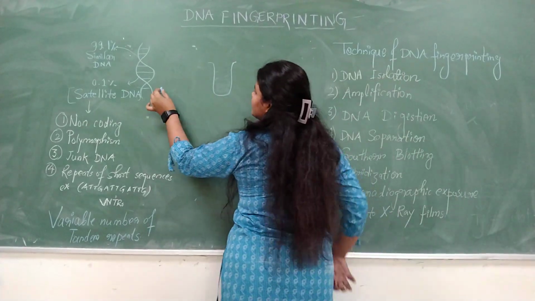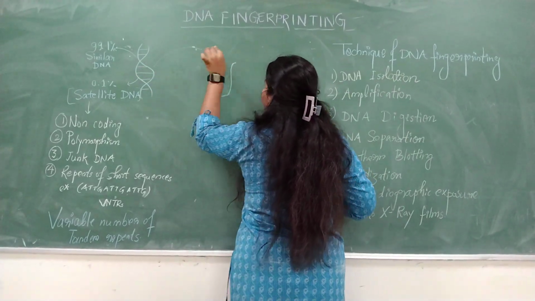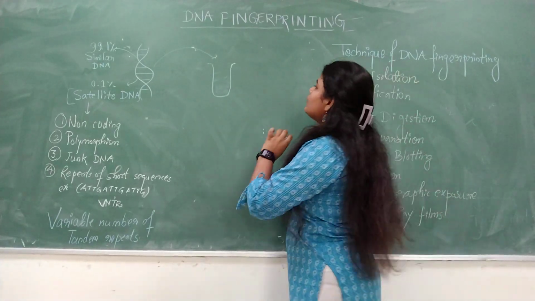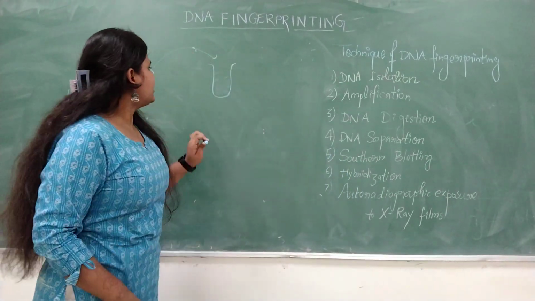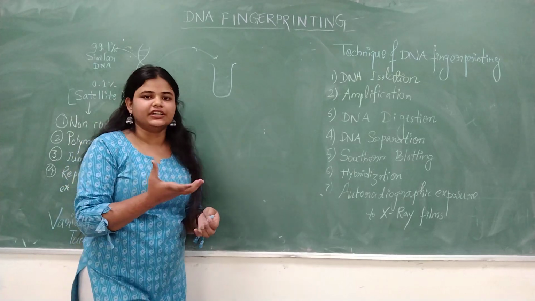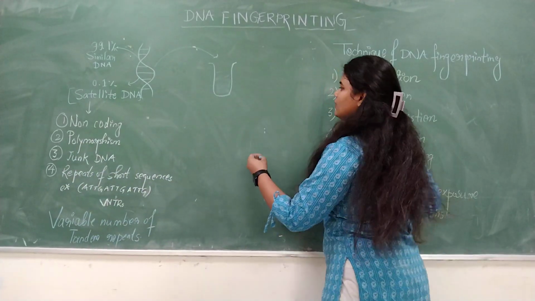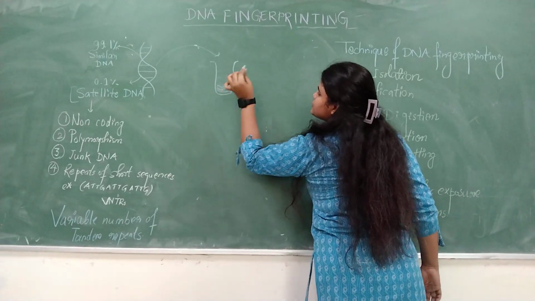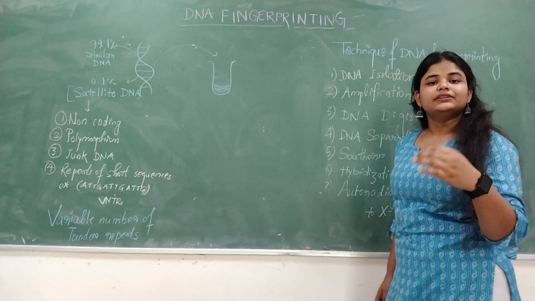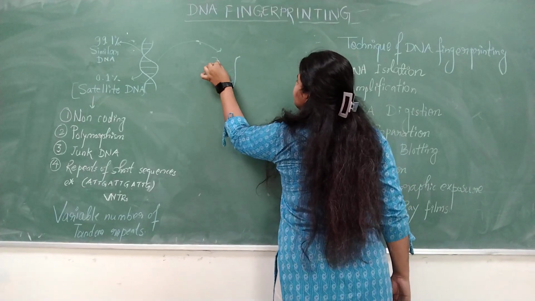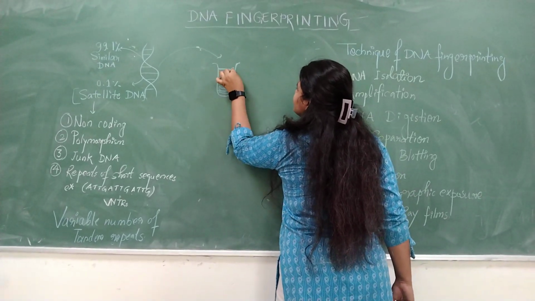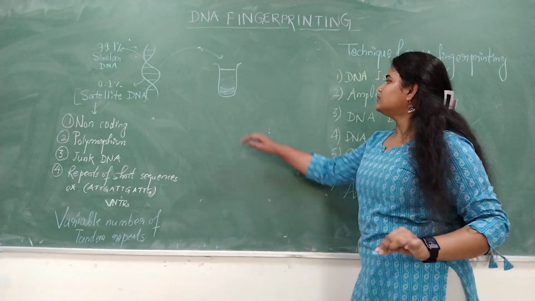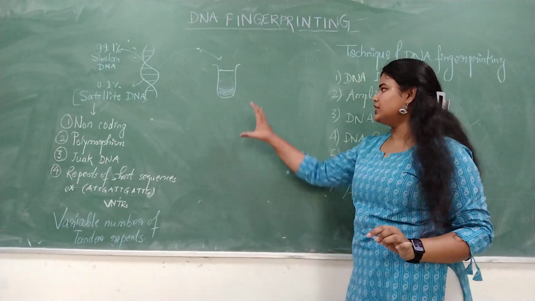We will put our DNA into it. Now tell me, where will the heavy portion of the DNA go? It will go down to the bottom of the test tube, and the light DNA will come to the surface of the test tube.